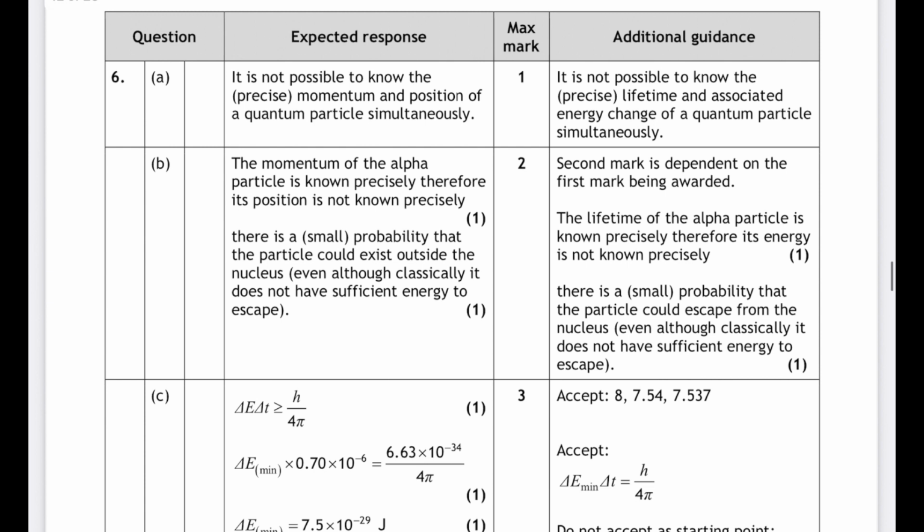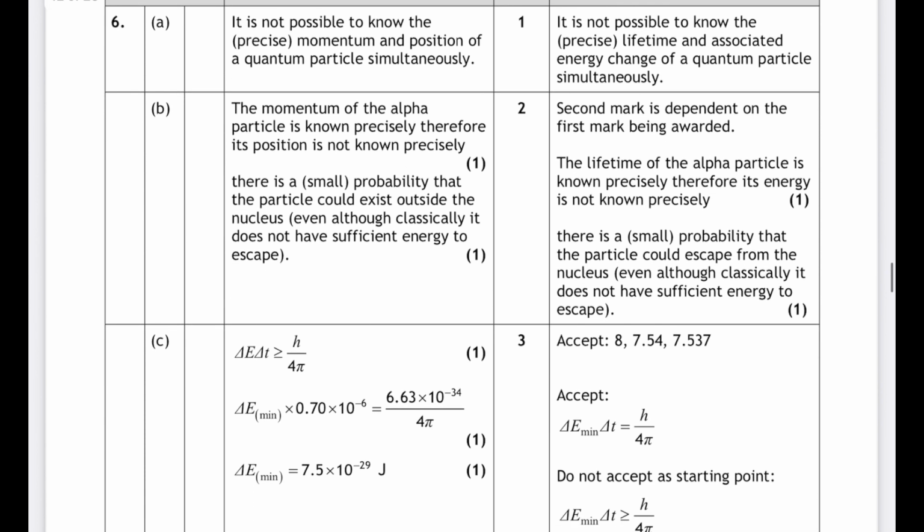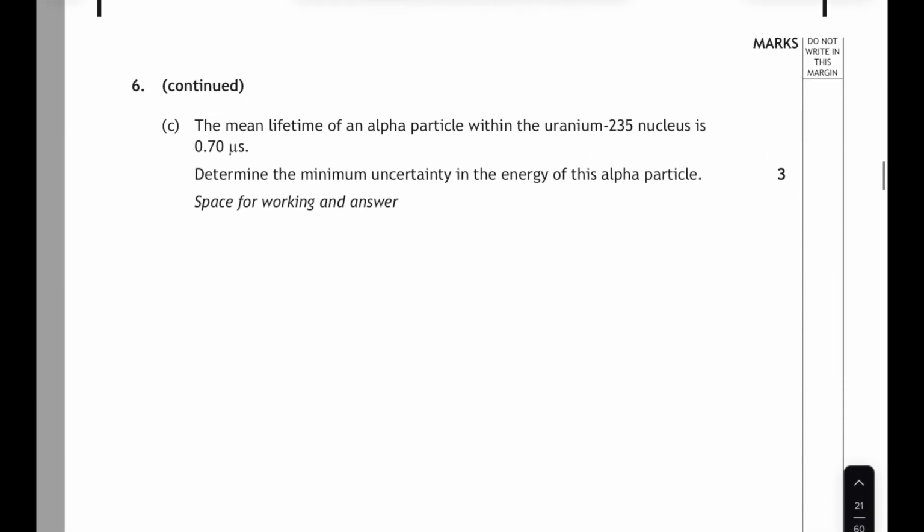We answered it using the right hand side of the marking instructions there, stating that if the lifetime is known precisely, then its energy is not known precisely, so there's a small probability that it's got enough energy to escape from the nucleus, even though classically it doesn't have sufficient energy to do that. That's pretty tricky.